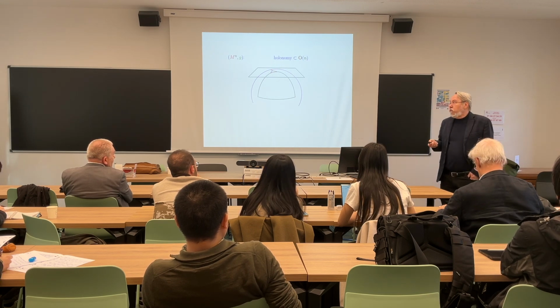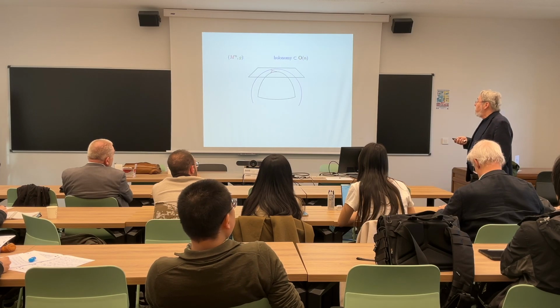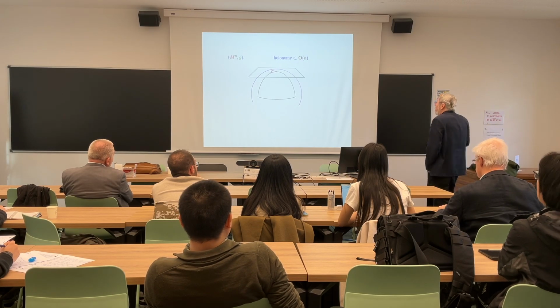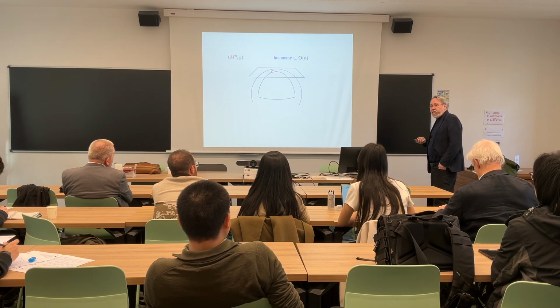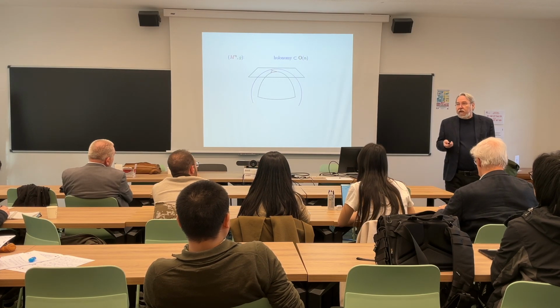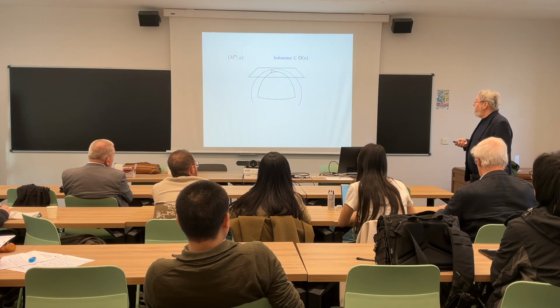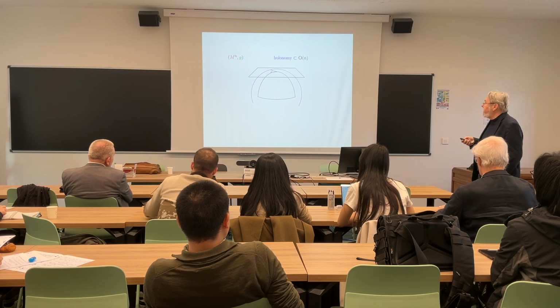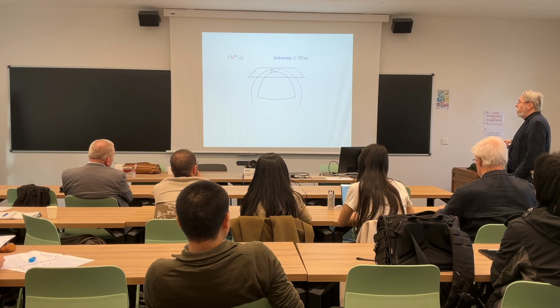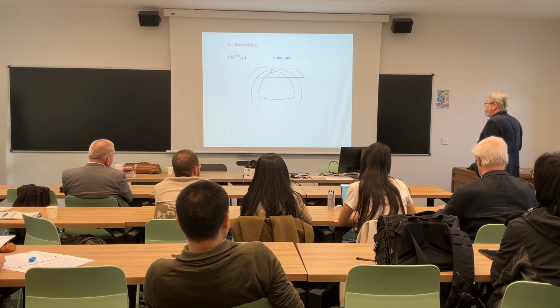The first huge leap in that direction was made by Marcel Berger. He gave a list of candidates, which narrowed it down. Some candidates you could eliminate, and others turned out to really occur. So the study of Riemannian holonomy is a very central topic now in Riemannian geometry.